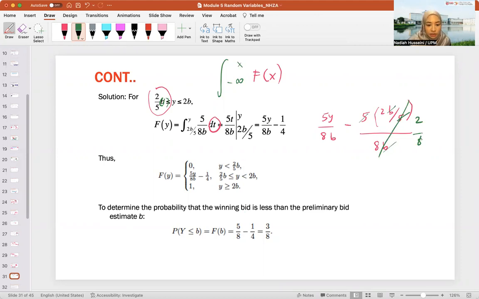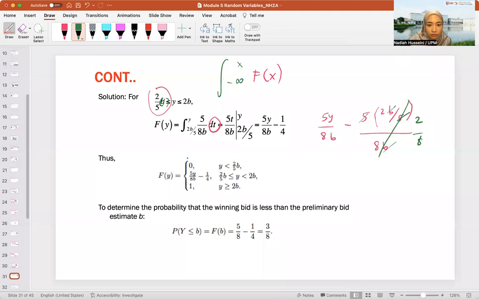Okay, so to determine the probability that the winning bid is less than the preliminary bid estimate B, it's telling us to find out what is Y less than B. Any questions? We just plug in B into the cumulative distribution function, assuming that B is a number here. So how would that look like?